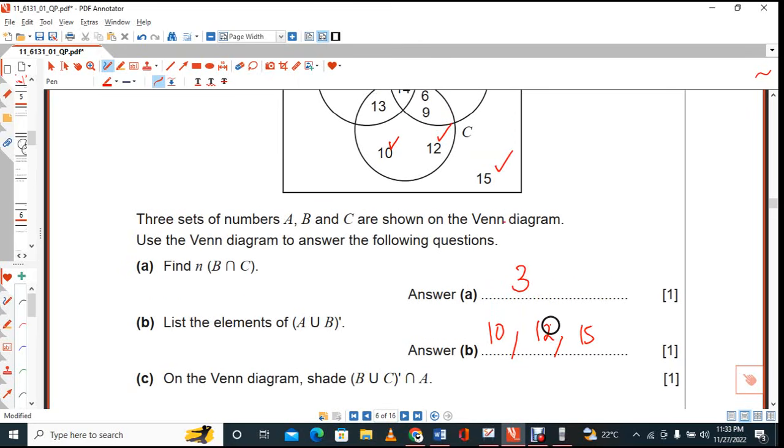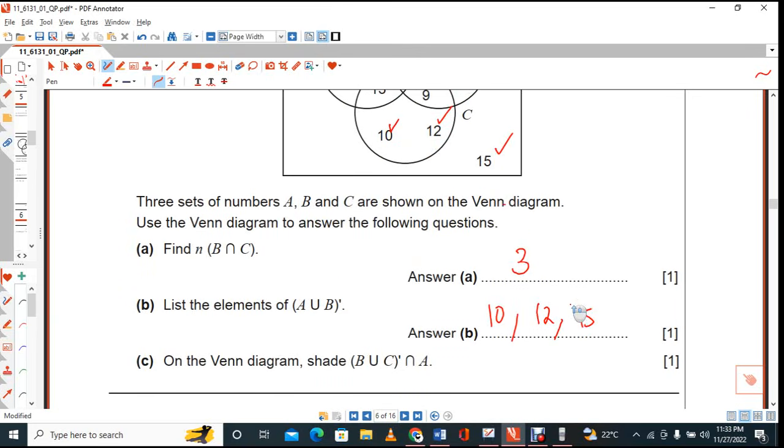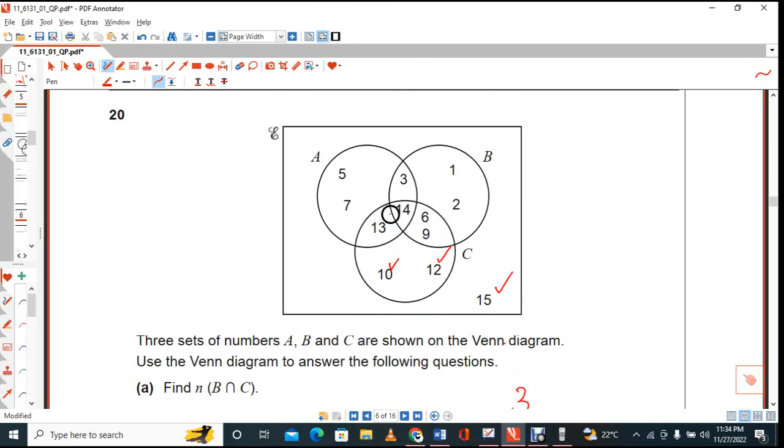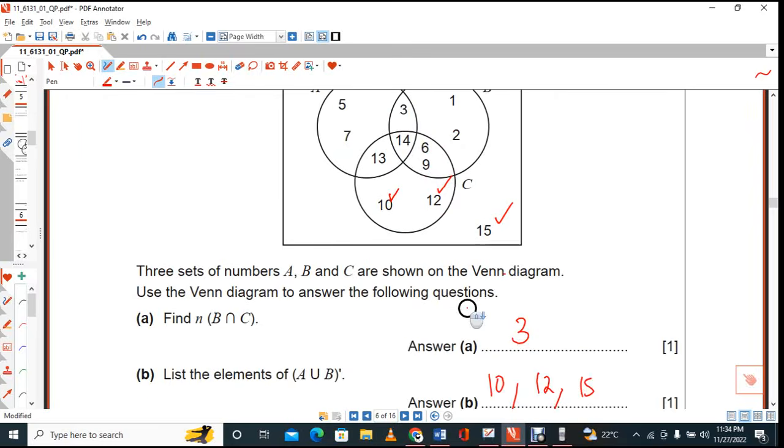On the Venn diagram, shade B union C complement intersection A. Now this could be quite tricky for many people. So what we can do is find the complement of the union of B and C. What is not in B union C? The things that are not in B and C, all of them that are not there, is 5, 7, and 15.